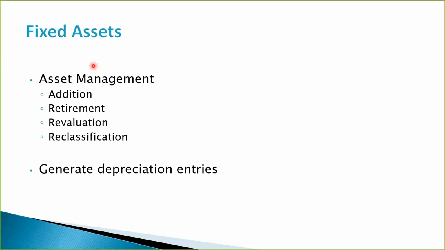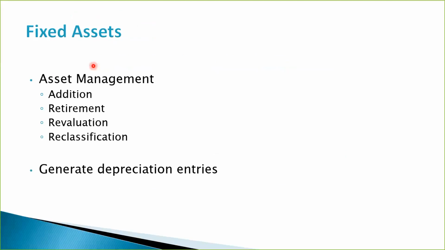Those are the main overall purposes of the FA module. Under asset management, of course, you have various things you can do. Asset addition: when new assets are acquired and you want to start tracking them or generating entries for them, that's asset addition.